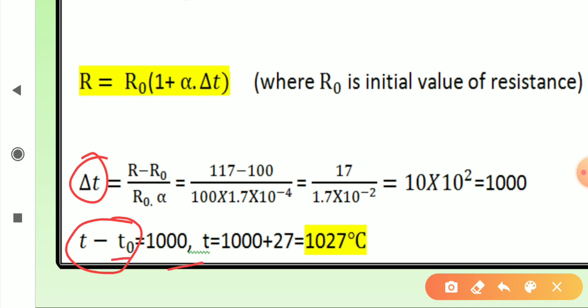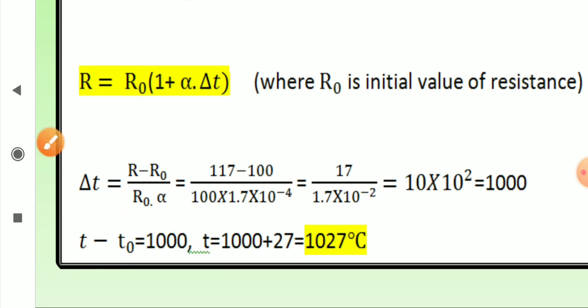And initial temperature is known to us. So the final temperature T is, take the minus T to the right side, it becomes plus. So 1000 plus 27, that is 1027 degree Celsius.